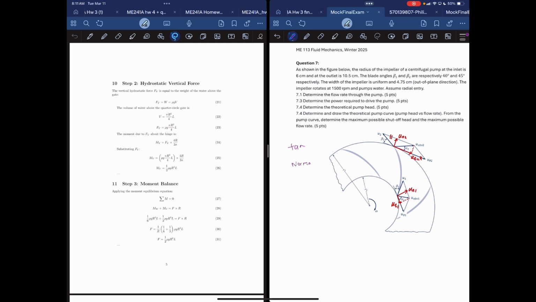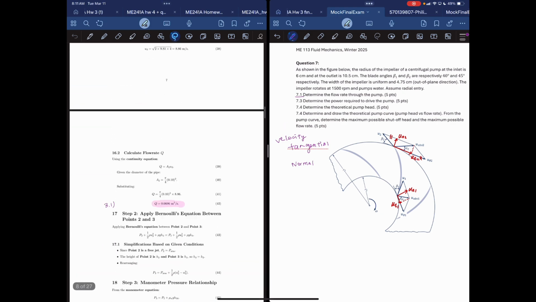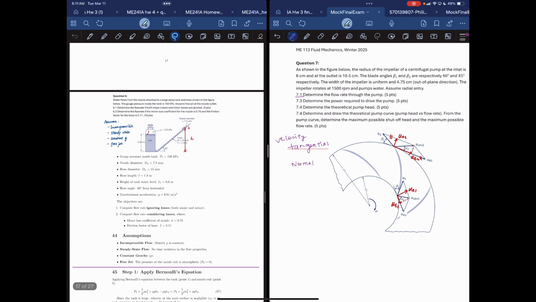For example, in 7.1, for that problem, since we're finding the velocity or the mass flow rate of the inlet, we know that eventually we'll have to find that Q is equal to A times the velocity. But how do we know which velocity to use?